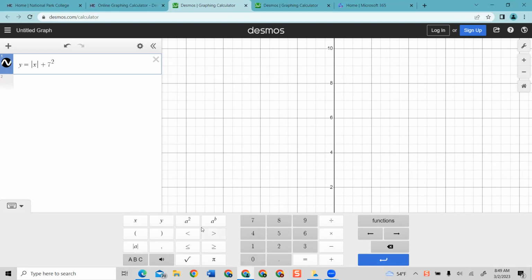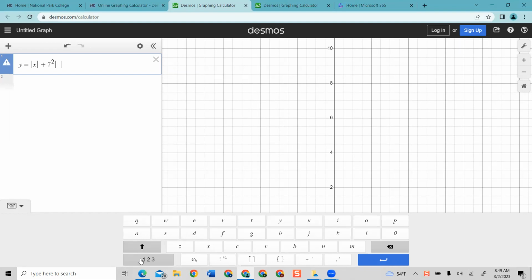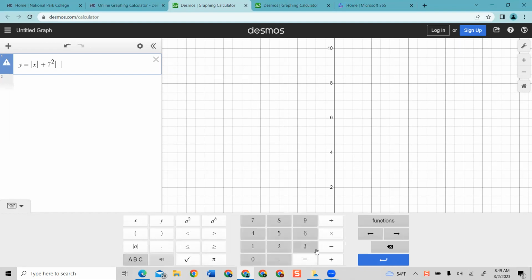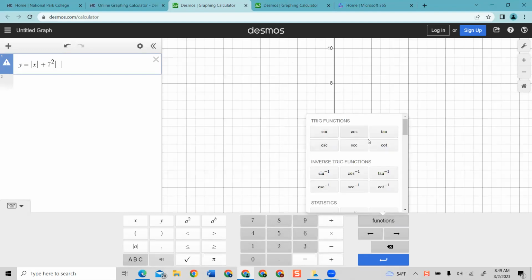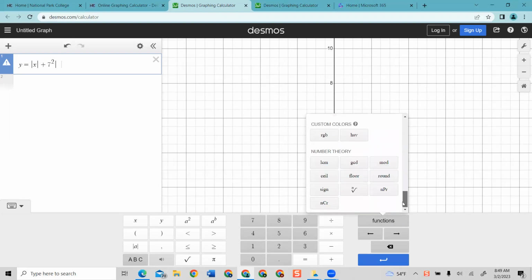But you can come down here and use these. Here are your inequalities. Here's your absolute value sign. Here are your ABCs if you want to change it up. Go back to numbers. Here are your numbers as well. Functions, if you need to do sine, cosine, whatever it may be. There are all kinds of them here.